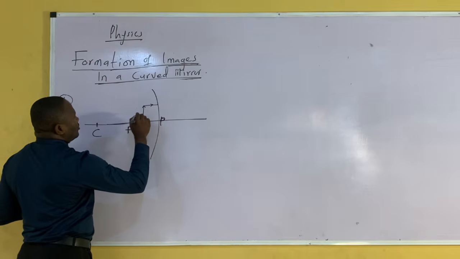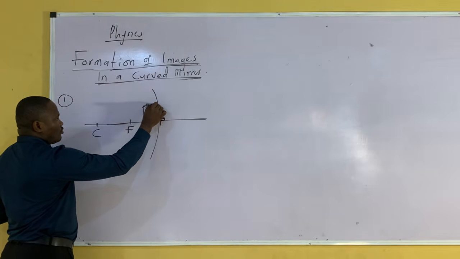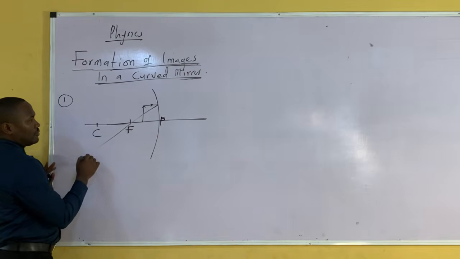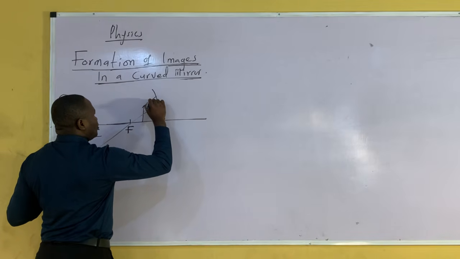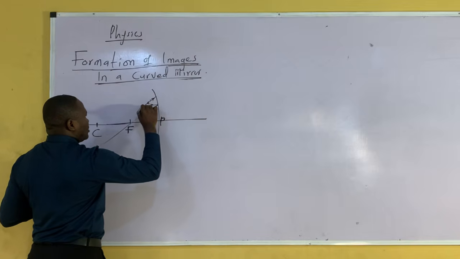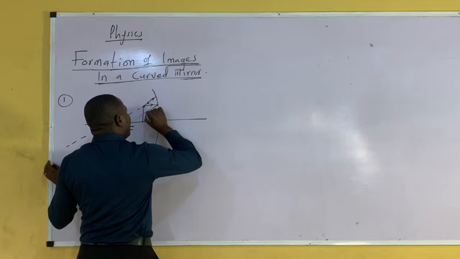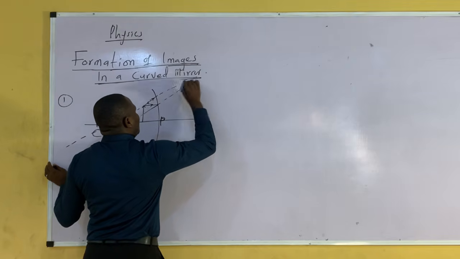This is how it will look. The ray strikes the mirror and passes through F. Then another ray of light goes through this point and returns back through this point. Then we have a reflection of this here.